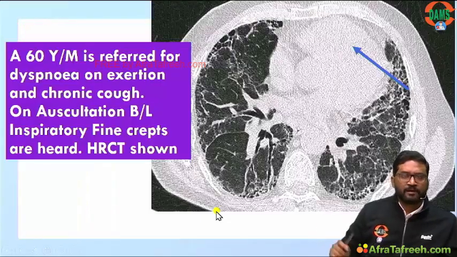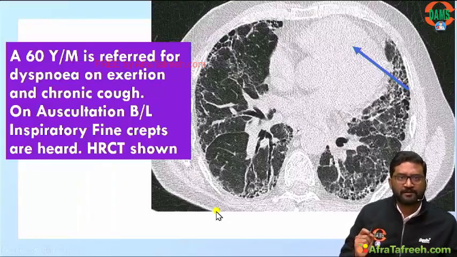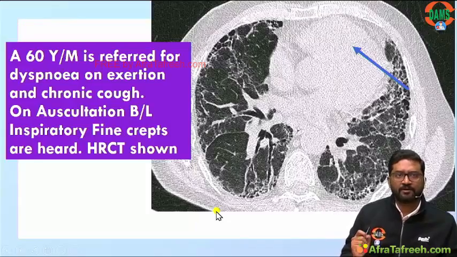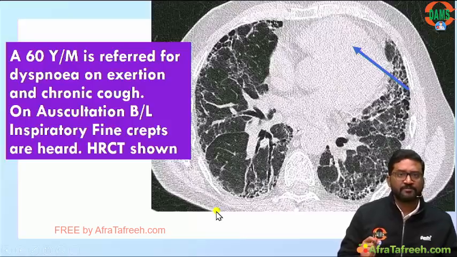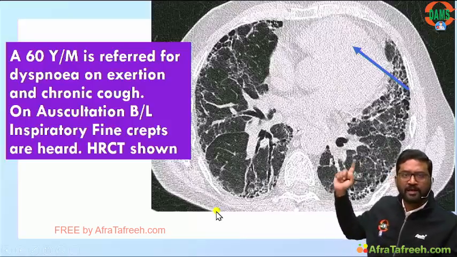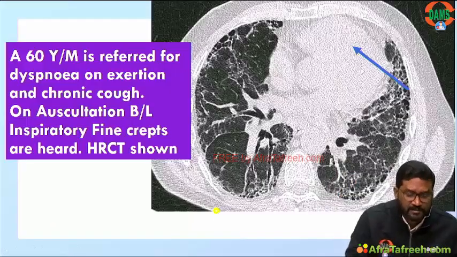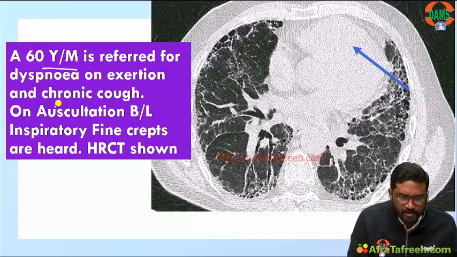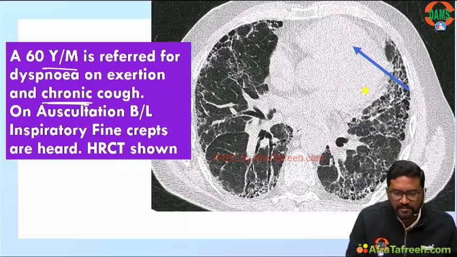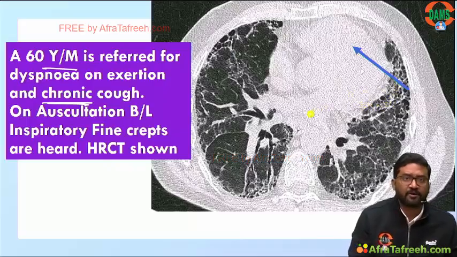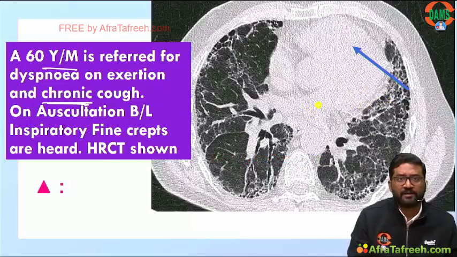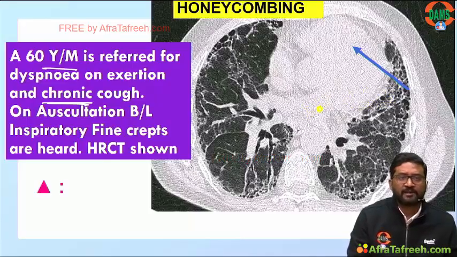Then a 60-year-old male is referred for dyspnea on exertion and chronic cough. On auscultation, bilateral inspiratory fine crepitations are heard. So this is an ILD, with elderly chronic symptoms. In the CT scan you can see abnormal rounded areas of holes, called honeycombing, and also traction bronchiectasis.